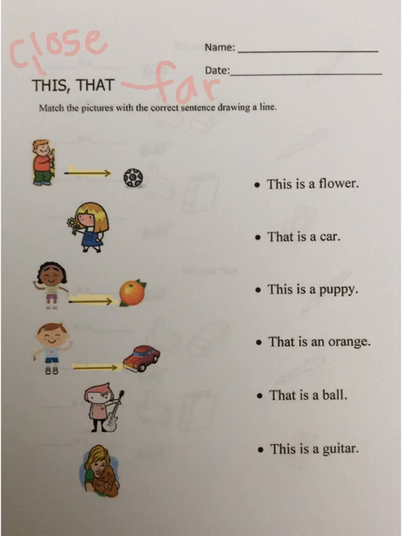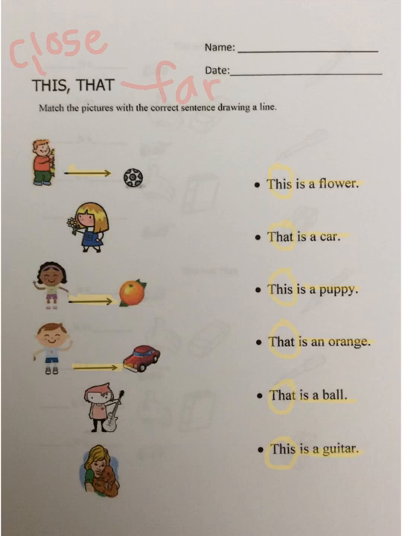All right, the first sentence, and I'm going to circle this or that. This is a flower. That is a car. This is a puppy. That is an orange. That is a ball. This is a guitar.